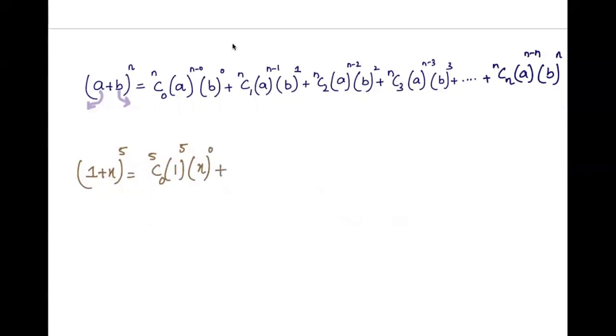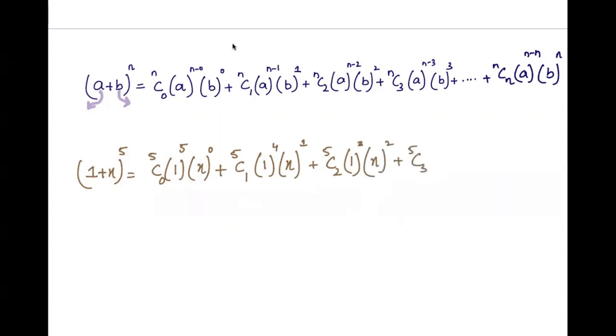Plus the next term is going to be 5C1. First term, that is 1 to the power of 5 minus 1, that is 4. Second term is x to the power of 1. Plus 5C2. First term to the power of 5 minus 2, that is 3. Second term to the power of 2.